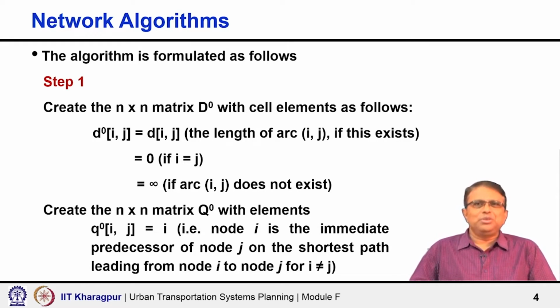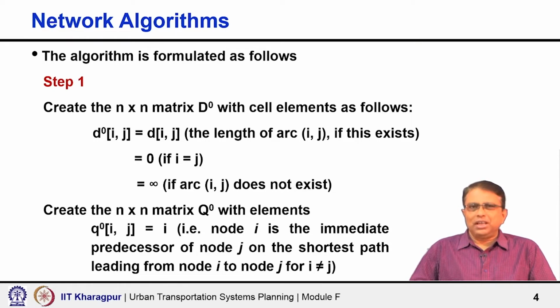Now, how do we consider this element? We will say Q0 i j equals i, because of what we explored in the distance matrix. Suppose I considered home node 1. So I said 1 to 2, 1 to 3, 1 to 4, 1 to 5, 1 to 6, like that up to 1 to n, and in each case I took the length of the link if there is a direct connection.